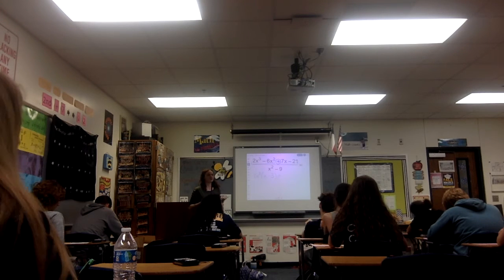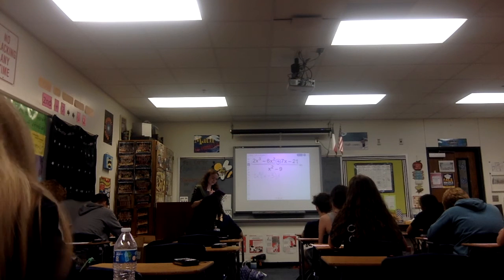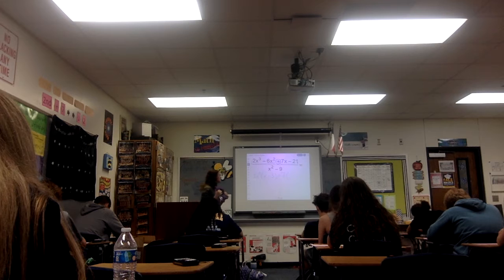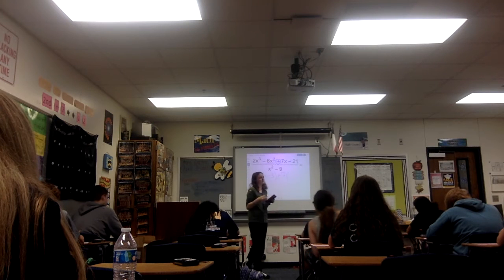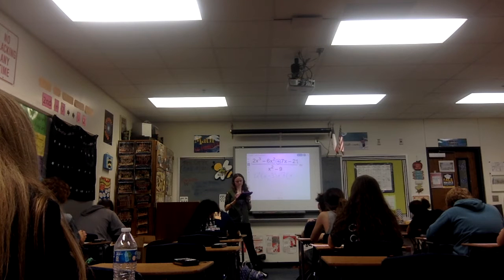Yeah, 7, right? So they both have 7 in common, so we have a 7 as our GCF down here. When we factor 7 out, what is left inside the parentheses? Yes, Ethan? x minus 3, very good.